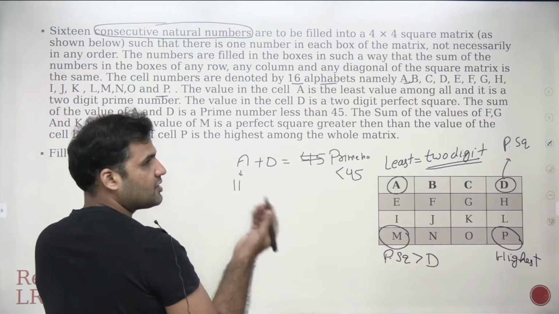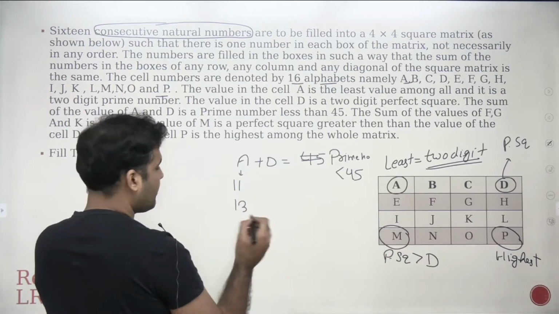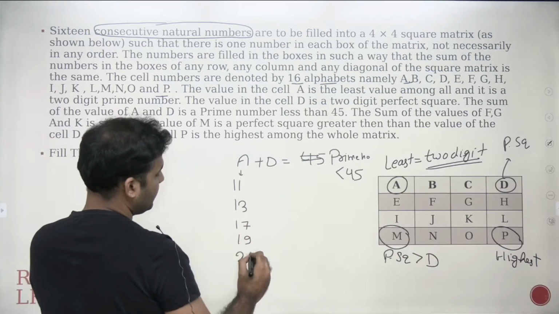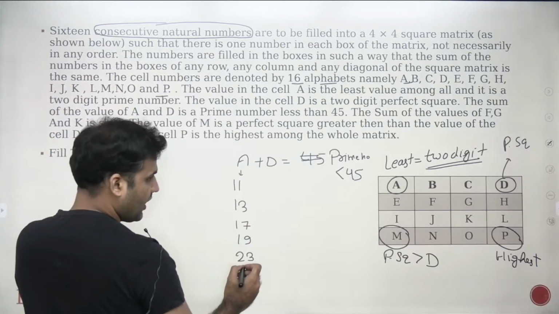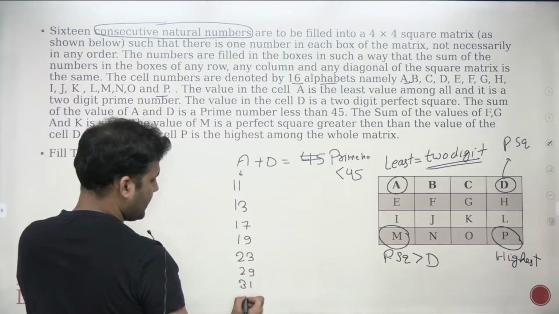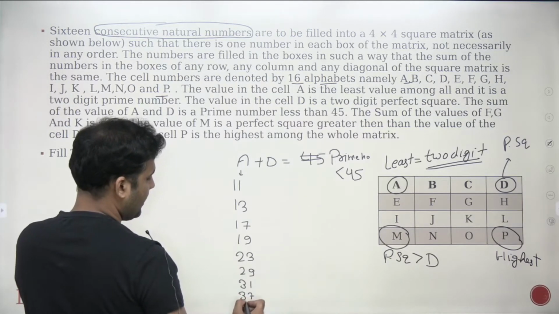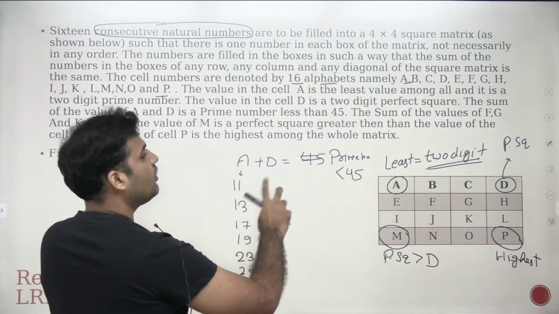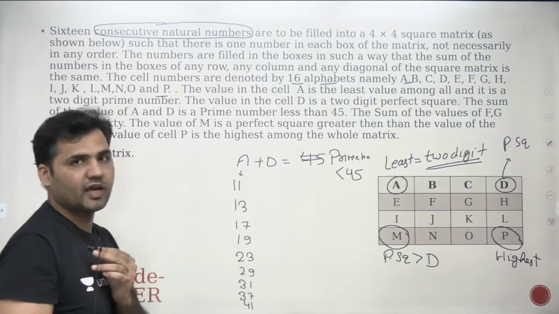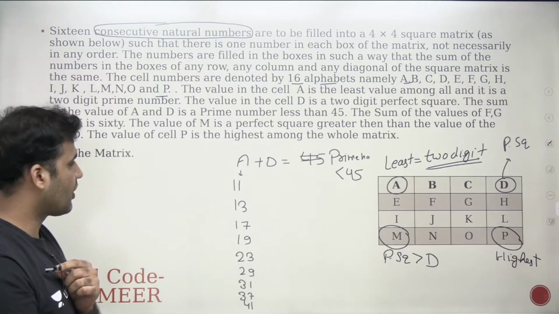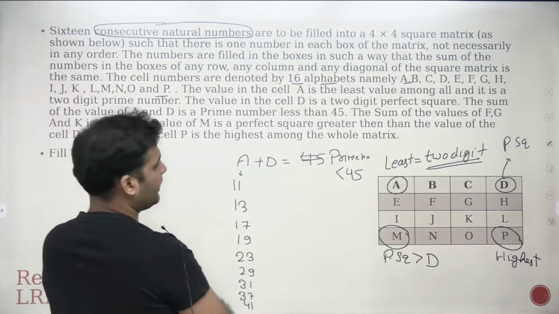The next is 13, then 17, 19, 23, 29, 31, 37, and 41. I don't need to go above 41 because the summation of these two values has to be a prime number less than 45. So no point of taking a value above 41. So A is 11 here, right?